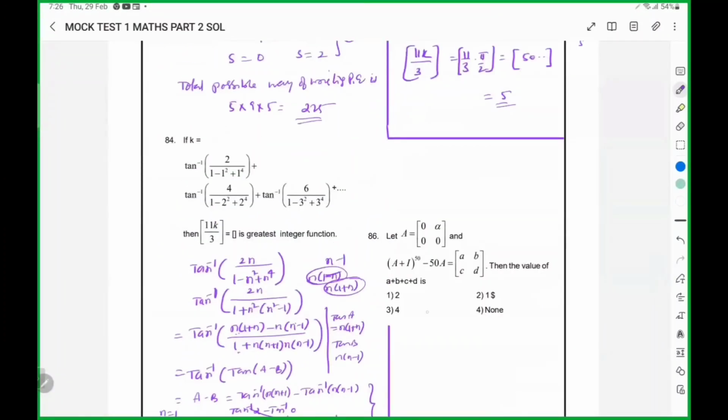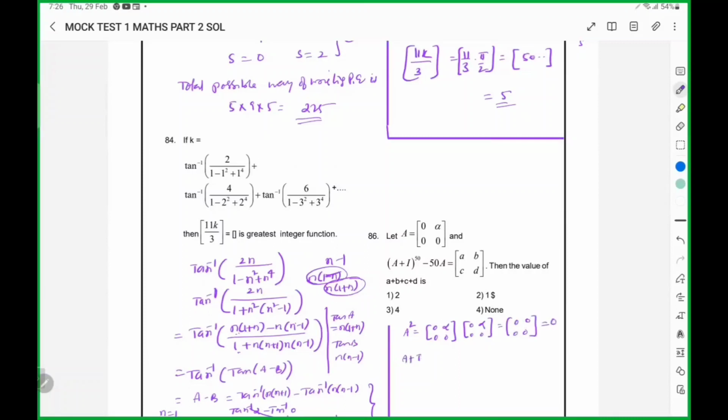Here in this problem, A square, let us find out: 0 alpha 0 0, which gives the 0 0 0 null matrix.